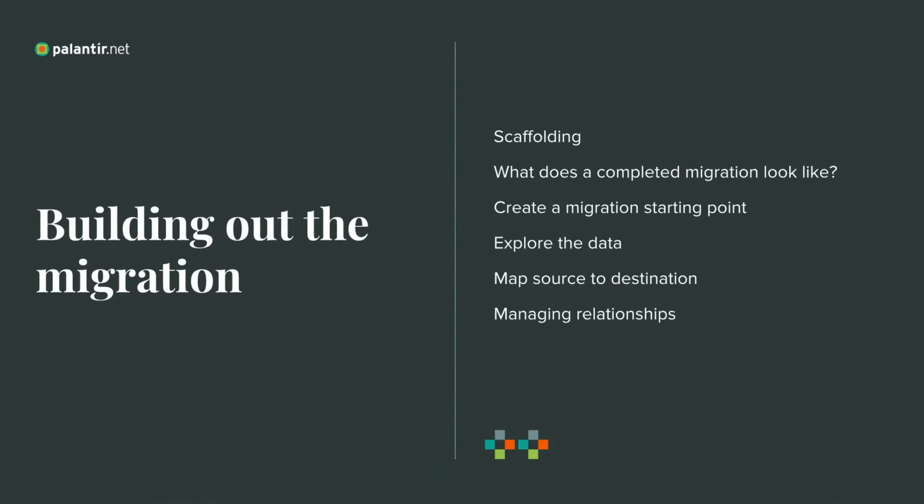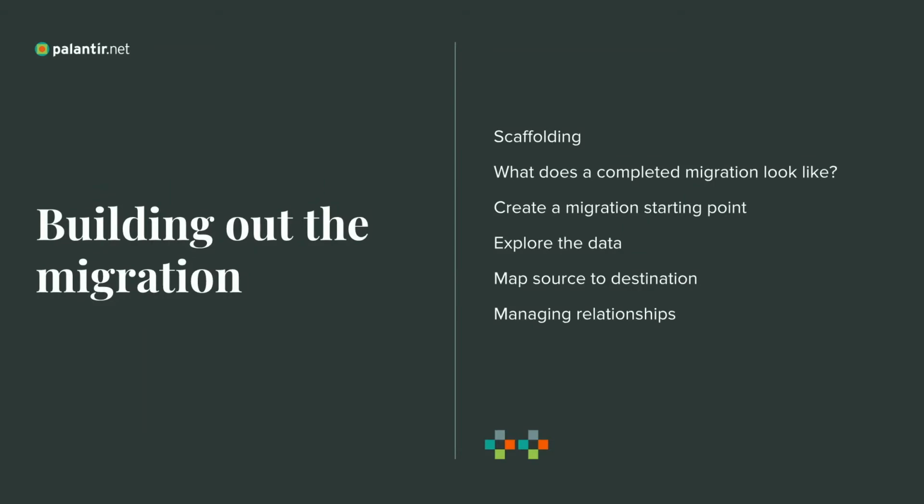All right, so that's how we use the automated testing framework when we're actually building the migrations to pass those tests. One of the processes that I go through is to scaffold out the module. We'll look at what a completed migration looks like so that we know what we're building towards.